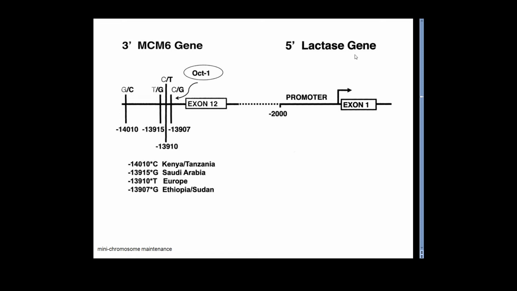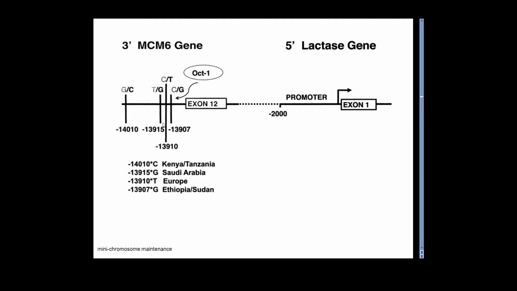But for example, in some populations in the Kenya, Tanzania region, the mutation takes place at 14,000 upstream, and in Arabian populations it is another place of mutation. You can see a change of guanine to cytosine in this place in the Arabian population.